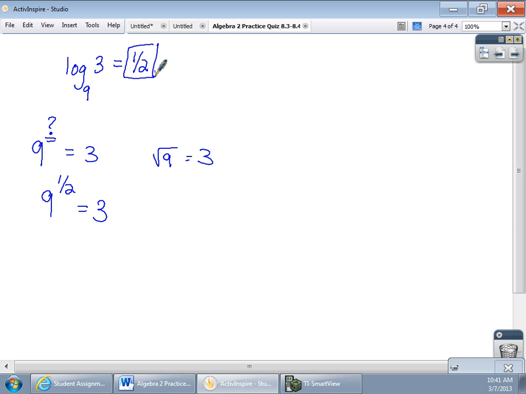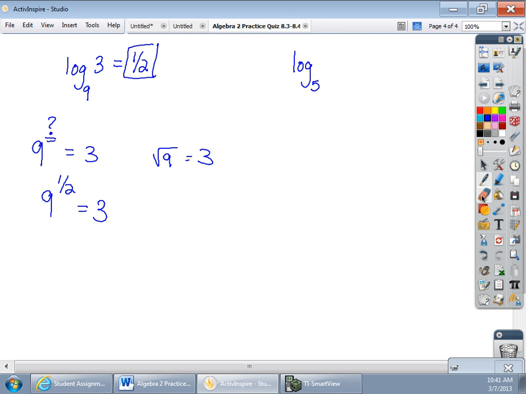So let's do another example like that. Let's do log base 36 of 6. You got to think to yourself, 36 to what power is equal to 6?